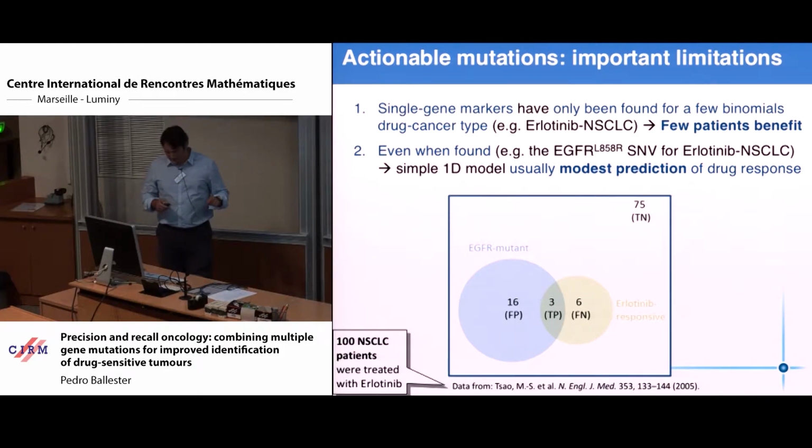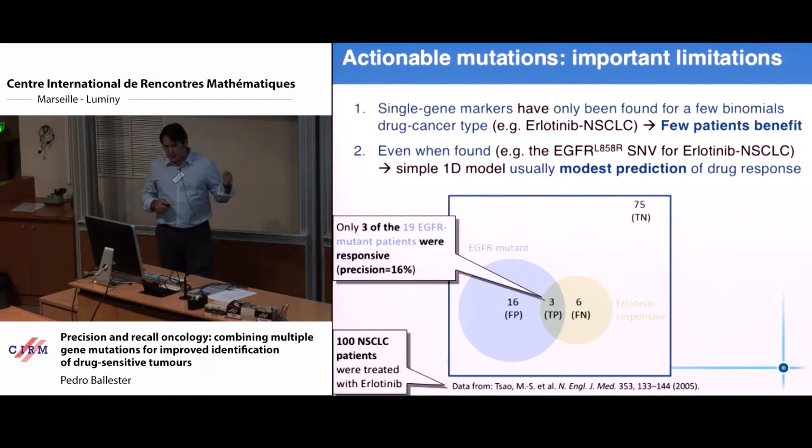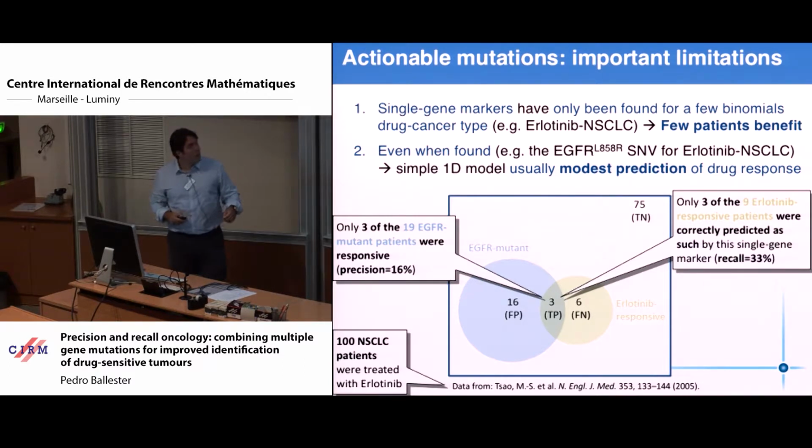Here you can see that only 3 of the 19 EGFR mutant patients were responsive, which represents a precision of 16%. Furthermore, only 3 of the 9 erlotinib responsive patients, represented by this green circle, were correctly predicted by such a single gene marker, which represents a recall of 33%.